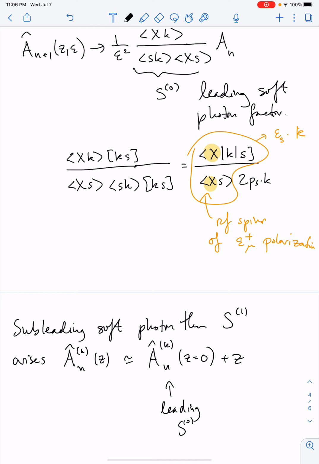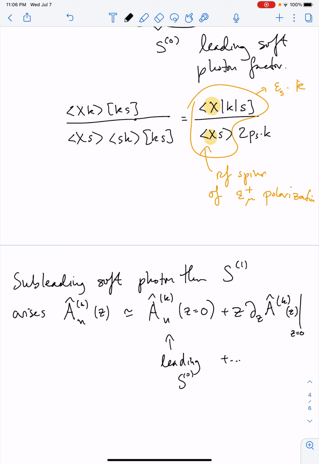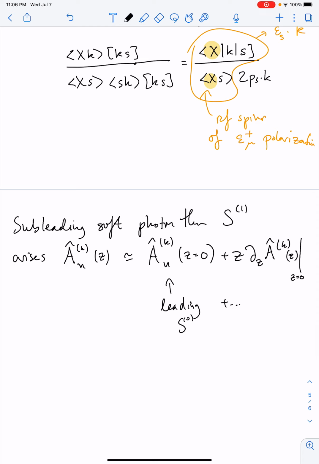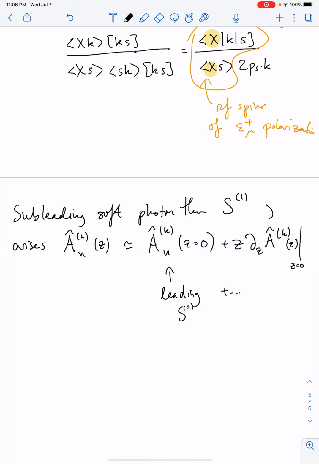But then there's a subleading part, which is z times the z derivative of our amplitude evaluated at z equal to 0. Of course, dot dot dot, which won't matter. And this particular limit is very relevant because this derivative will be converted into a certain spinor helicity derivative, which can be related to the angular momentum operator, and that's exactly what sits inside that soft factor. I'm not going to write it out explicitly because we're not going to need it here, but you can find it in the references that I will provide for you.